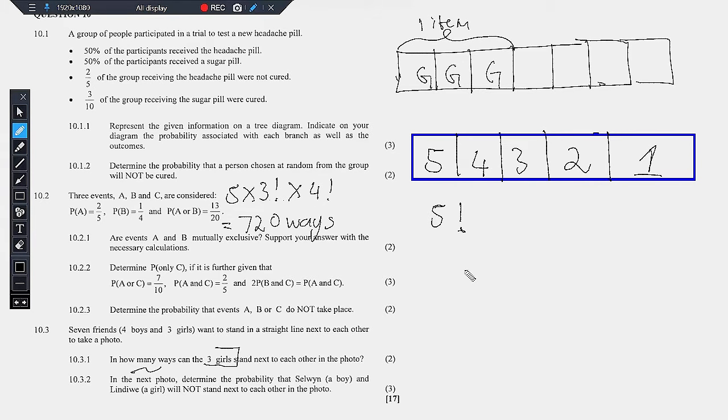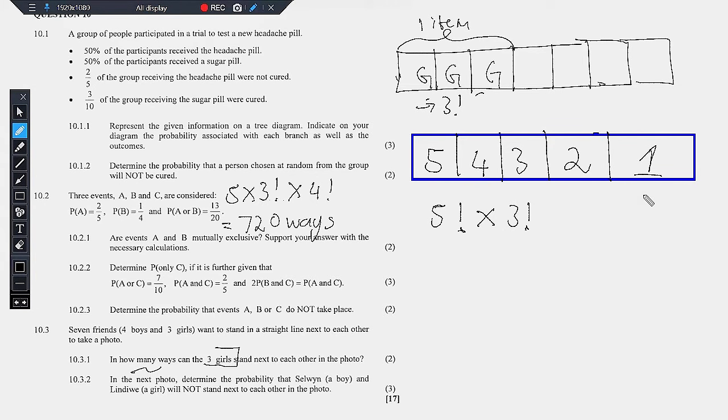But then let's not forget that we have taken the girls as one item, and the girls can also be arranged in their own 3 factorial different ways, right? So they can be arranged in 6 different ways, which is 3 factorial. So we also need to multiply that to this number here, right?